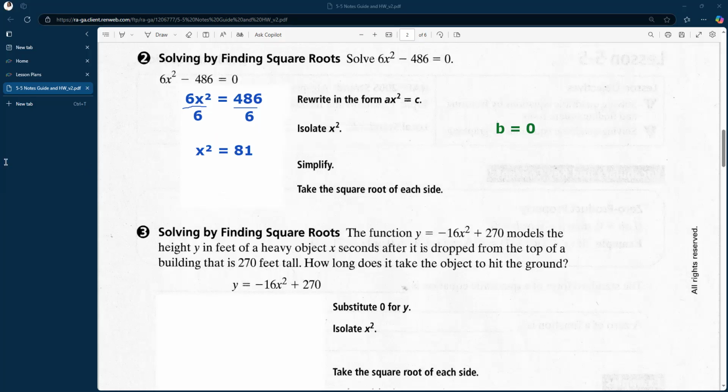Next, I take the square root of both sides, and that's going to give me x is equal to positive or negative 9. The reason why you get two answers, positive 9 and negative 9, is because 9 times 9 is 81. So is negative 9 times negative 9. So you get two answers. x = ±9.